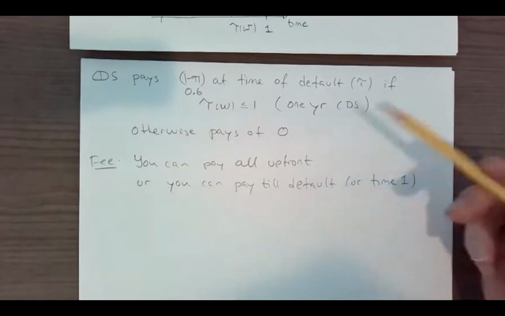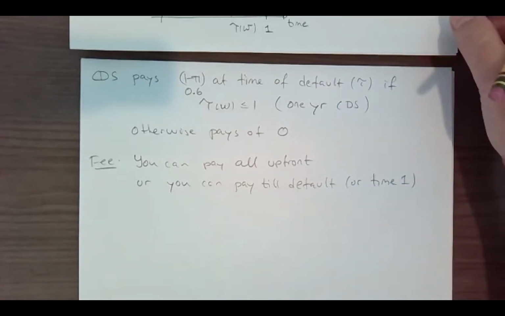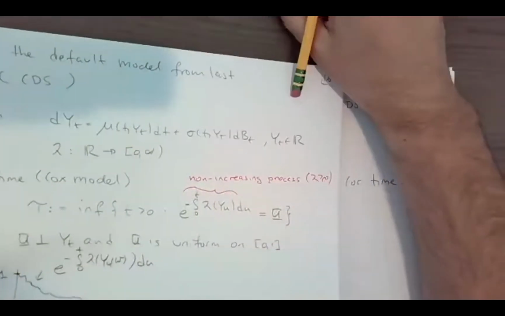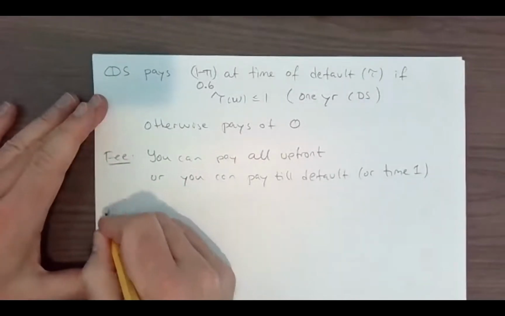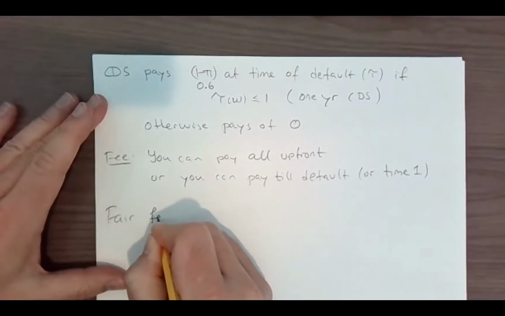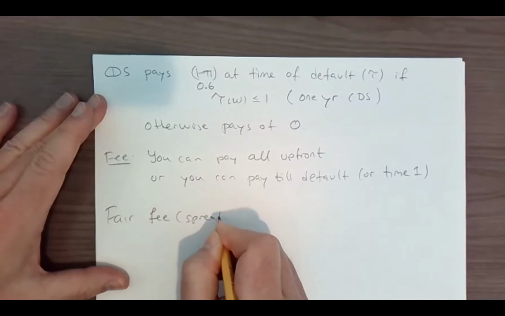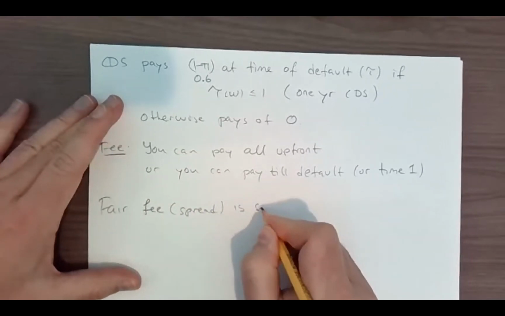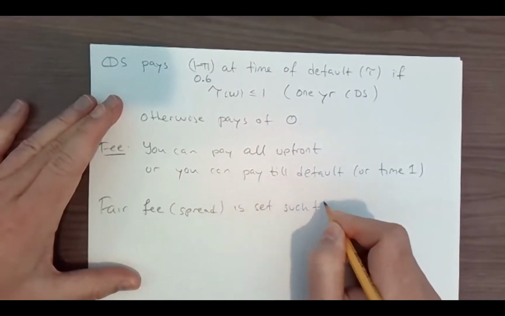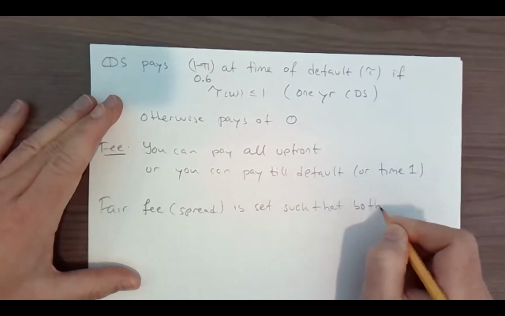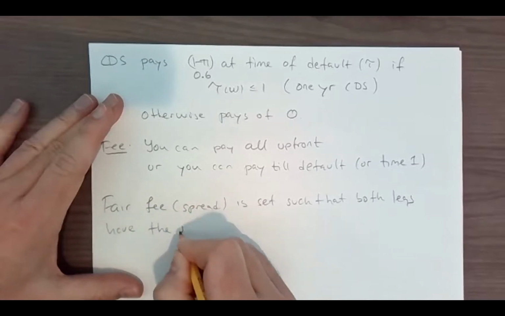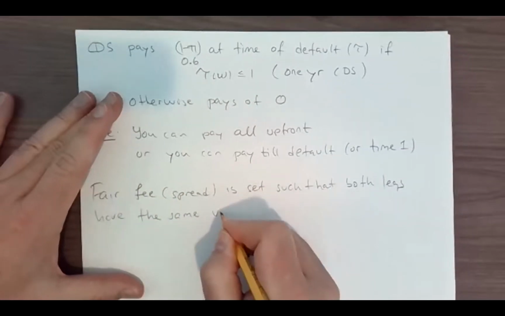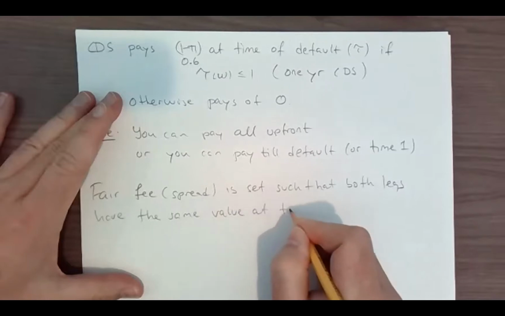And so we have the two legs, and we match the legs, and this is how we determine what the fair fee is. The fair fee, called the spread, is set such that both legs have the same value at time 0.